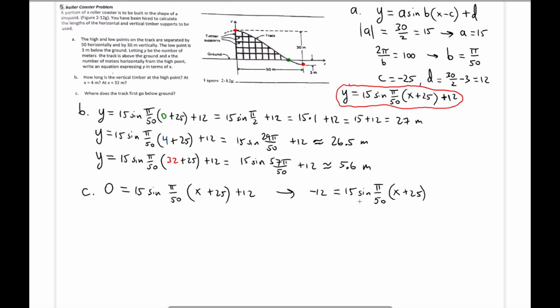And then, of course, we're going to divide both sides by 15. So if you do negative 12 over 15, you divide both by 3, right? So it's going to be negative 4/5. Negative 4/5 is equal to sine pi over 50 times x plus 25.